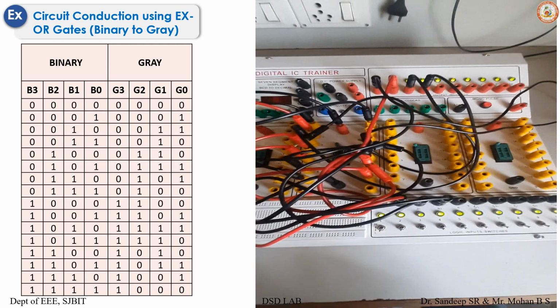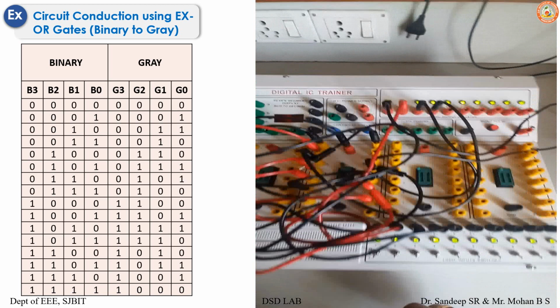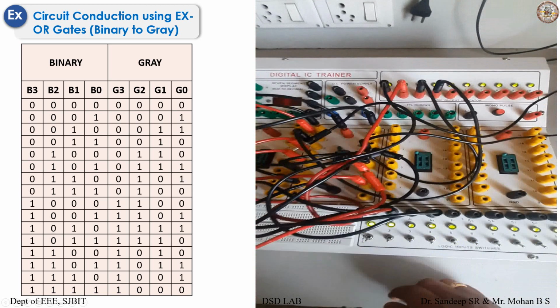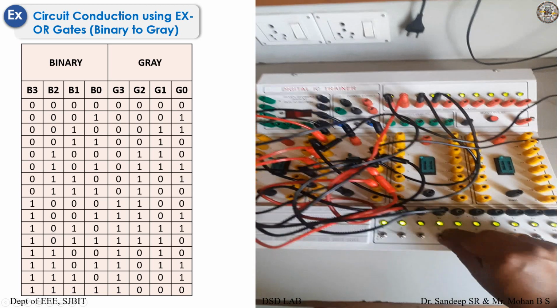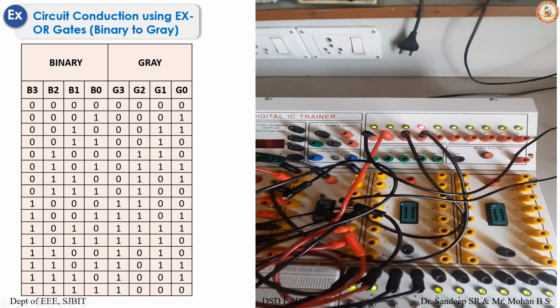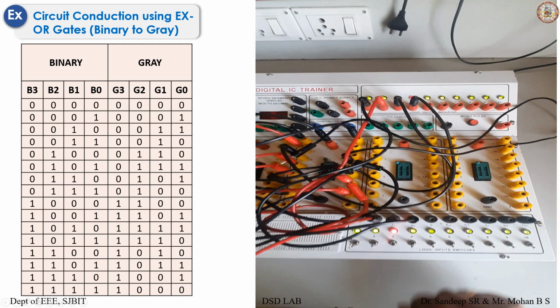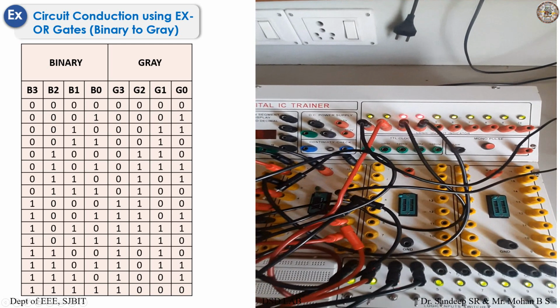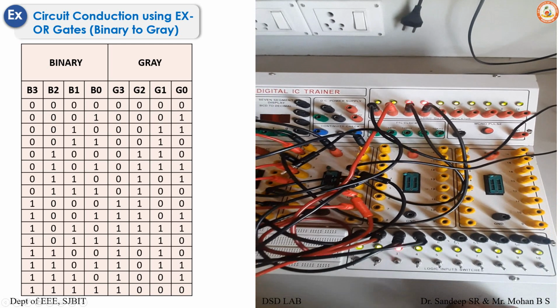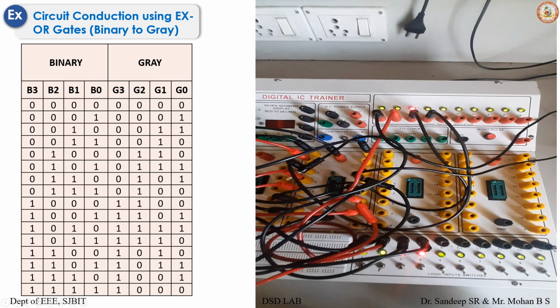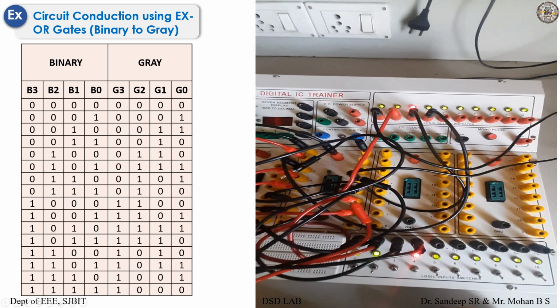In the first row, the input is 0000 and the output is also 0000. Second row, the input is 0001, and the output is 0001. Third row, the input is 0010 and the output is 0011. Fourth row, the input is 0011 and the output is 0010.